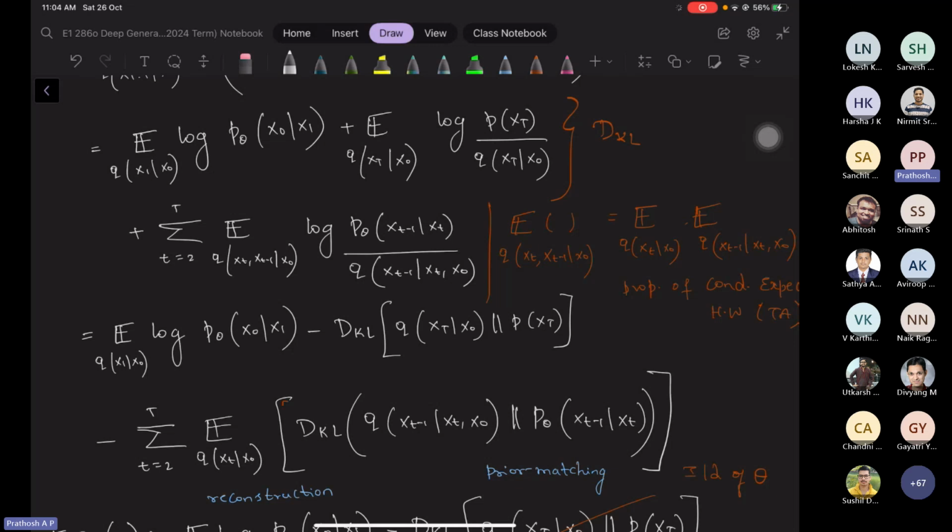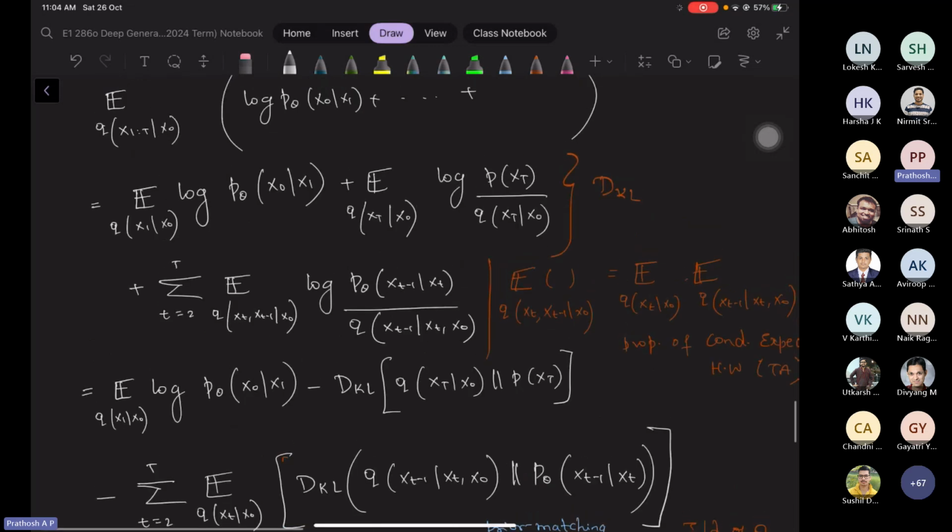That is because it's a similar argument. The dependency is only on xt, xt minus 1 and x naught. Here, the expectation was q of x1 through t given x naught. See, the dependence of whatever is inside is only on xt, xt minus 1 and x naught, isn't it? That's all.